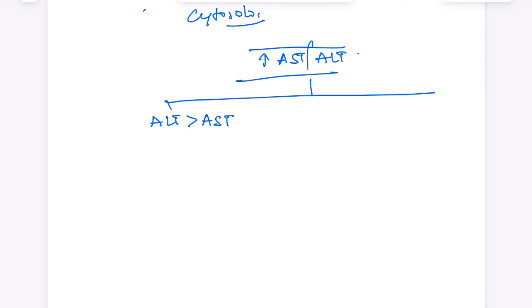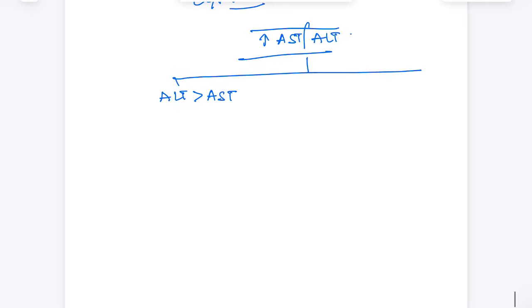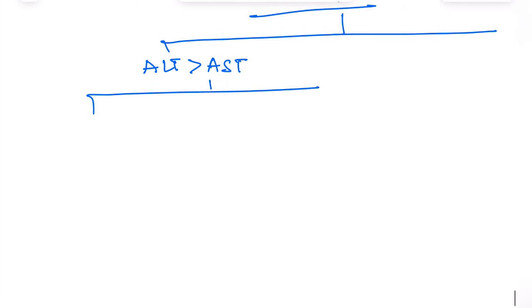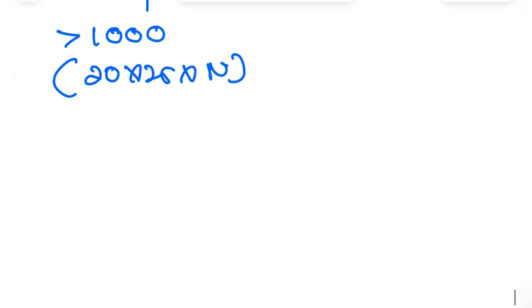Whenever you get such a situation where ALT is more than AST, you have to look at whether the absolute values are more than 1000, or mildly increased, or less than 150. When the levels are more than 1000, or more than 20 to 25 times the normal, you have to consider a few differential diagnoses.